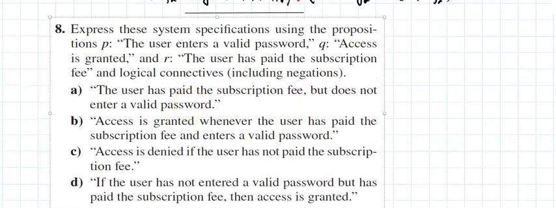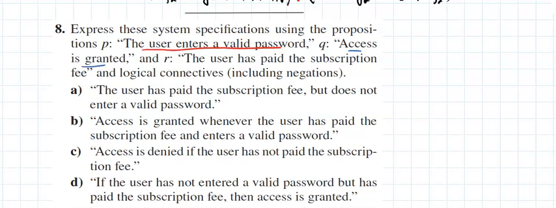Now, express the system specifications using the propositions. P: the user enters a password. Q: access is granted. R: the user has paid the subscription fee.